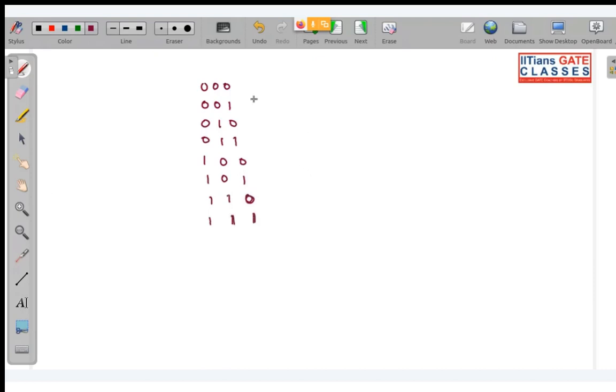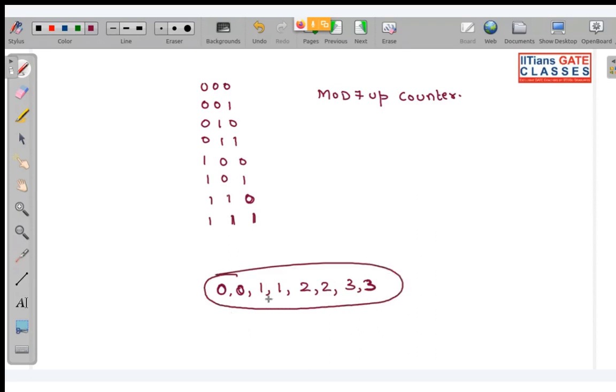Okay. So this is what? This is a mod 7 up counter. Okay, fine. So can you design such a kind of counting state? Like this? Can you make one counter like this, which has count states like this?